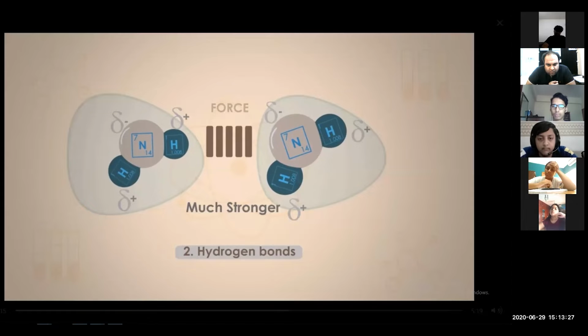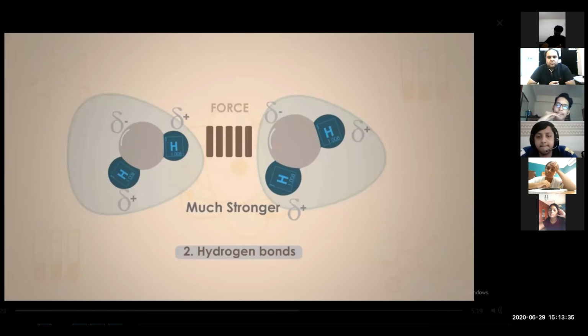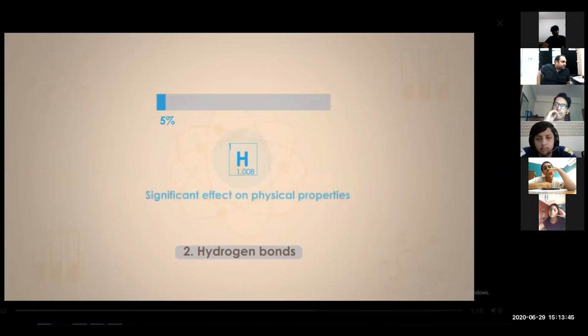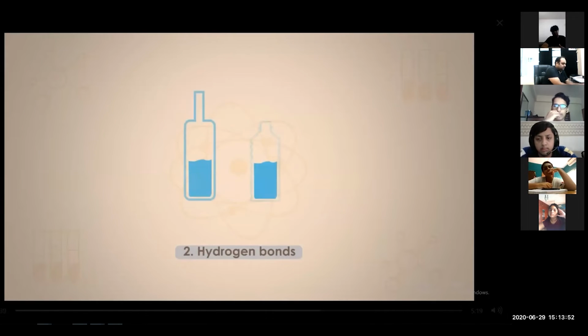So, a hydrogen bond is the attraction between the H delta positive of one molecule and the delta negative on the lone pair of a fluorine, oxygen, or nitrogen atom of a neighboring molecule. Even though a hydrogen bond has only about 5% the strength of a covalent bond, it does have a significant effect on the physical properties of compounds. For example, were it not for hydrogen bonds, both water and alcohol would be gases at room temperature and pressure.